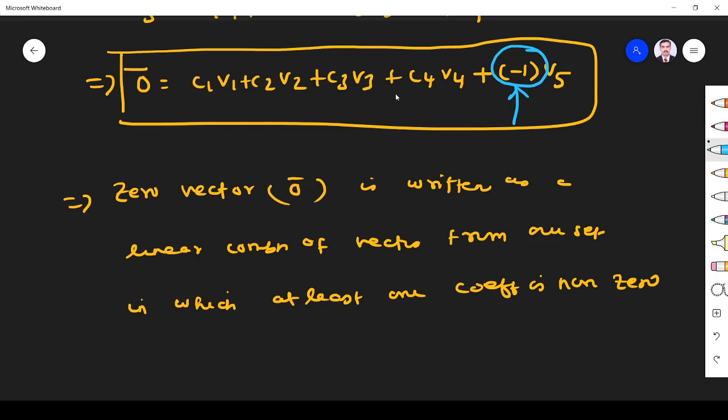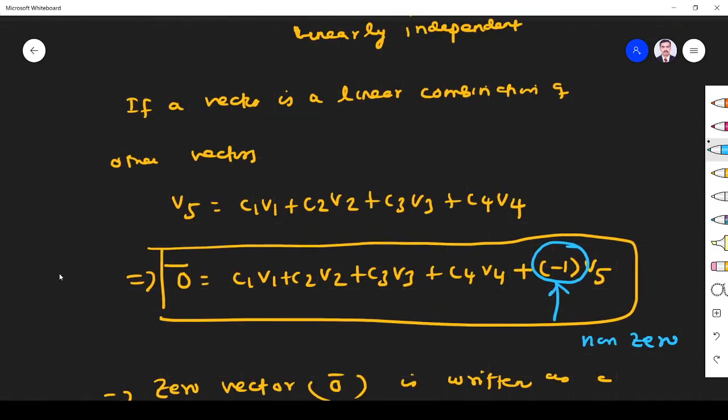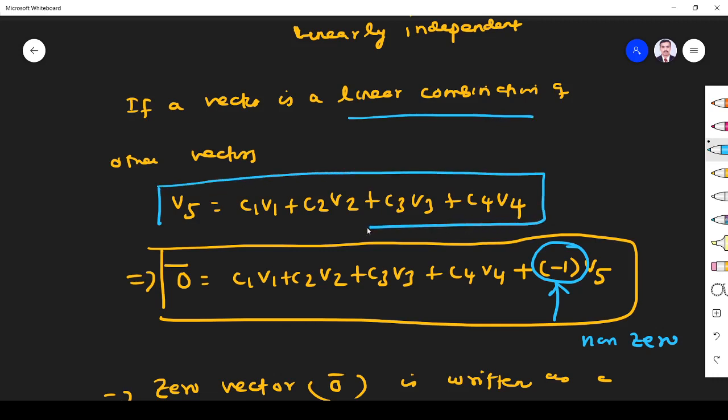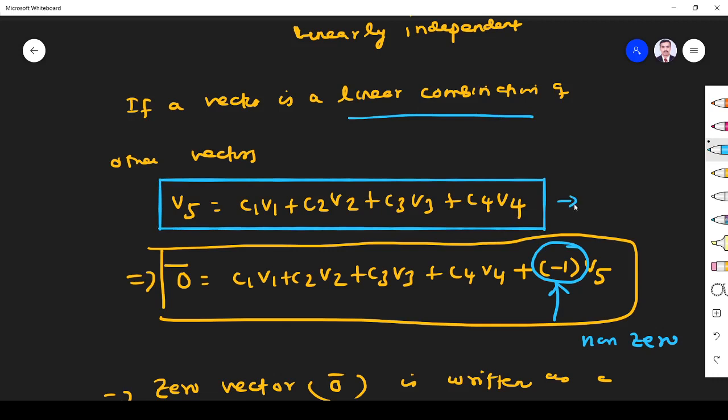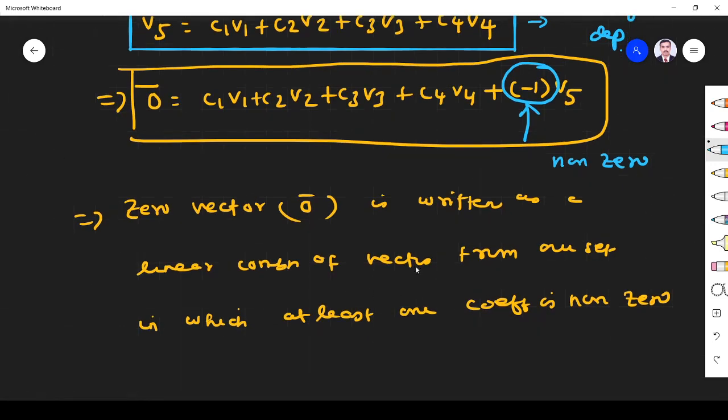I don't know about c1, c2, c3, c4, but one coefficient is non-zero. This non-zero coefficient appears because we are writing one vector in terms of other vectors. If a vector is a linear combination of other vectors, it indicates linear dependence. So the conclusion is: if the vectors are linearly dependent, one coefficient must be non-zero.